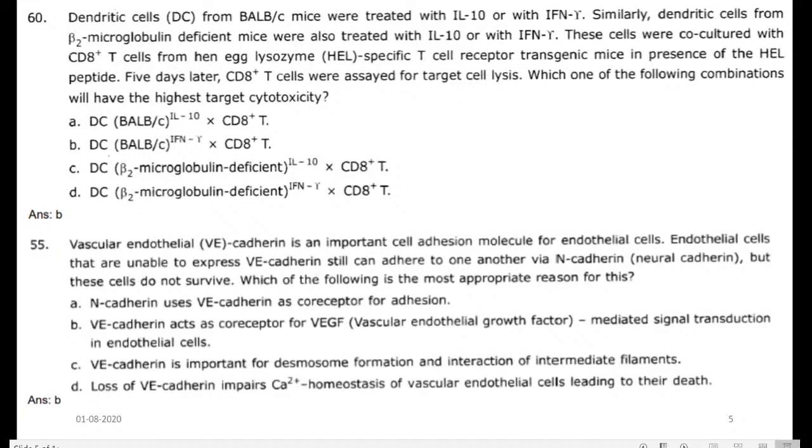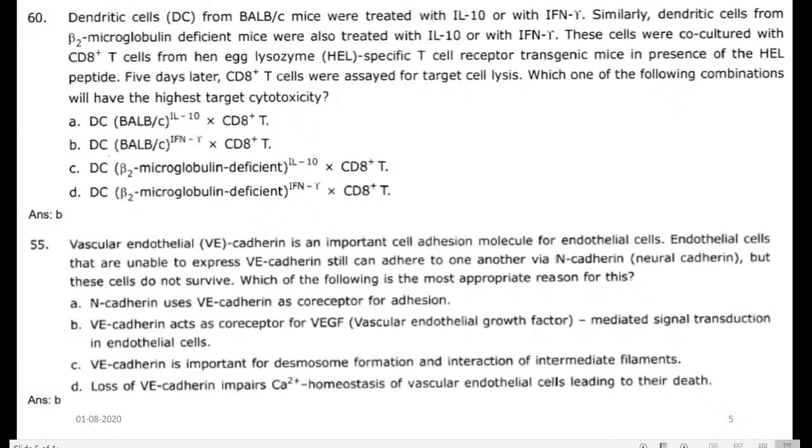Okay, next is dendritic cells, that is DC, from BALB/c mice. We take the dendritic cells from BALB/c mice, treated with interleukin 10 or with interferon gamma. Similarly, the dendritic cells from beta 2 microglobulin deficient mice were also treated with interleukin 10 and interferon gamma.